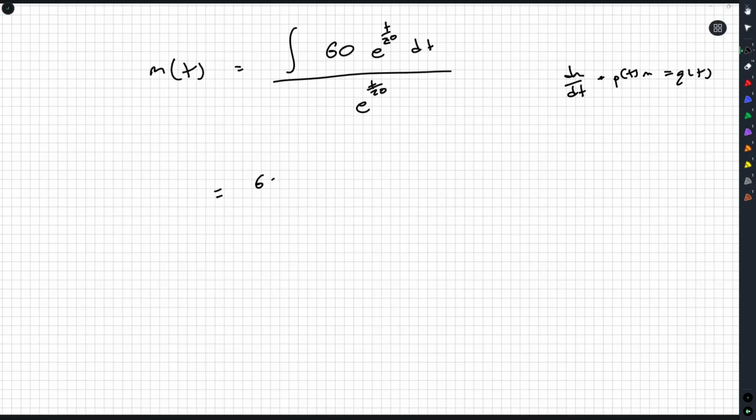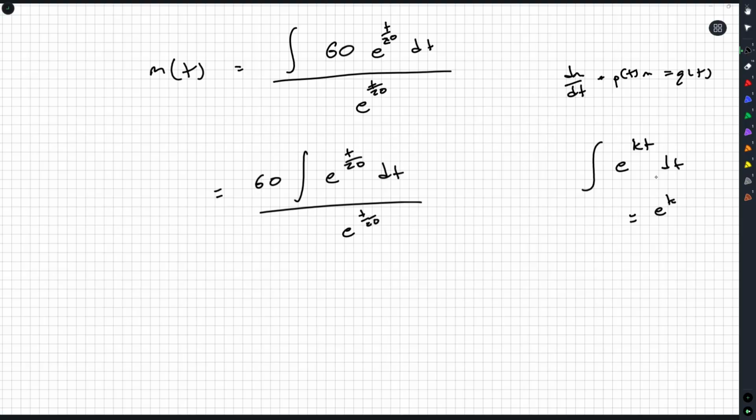You can bring the 60 out, e to the t over 20. Now, if you're experienced with integration, this is actually a really common setup. e to some number, let's call it k. The antiderivative is that: e to the kt goes to e to the kt over k. So we'll have 60, don't forget that 60, e to the t over 20 divided by the k, the 1 over 20, and let's not forget our plus c.